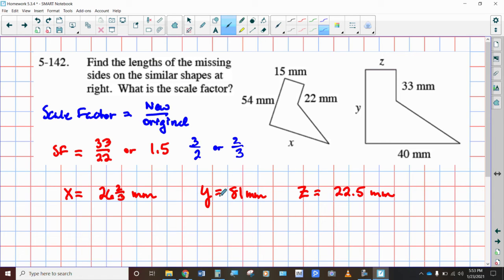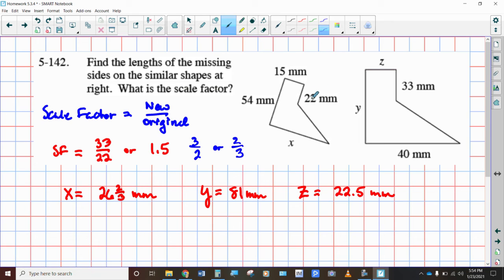It could be either one, because the formula for scale factor is to go from the original to the new. If this was the original and this was the new, then we would want 33 in the numerator and 22 on the denominator. But they don't really clearly tell you which one is the original and which one is the new. So I just think of it this way.